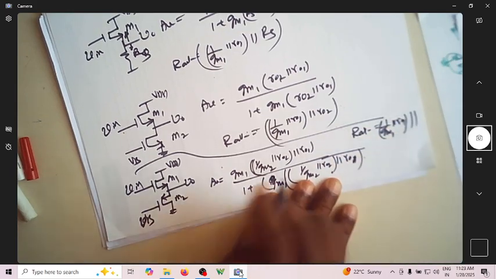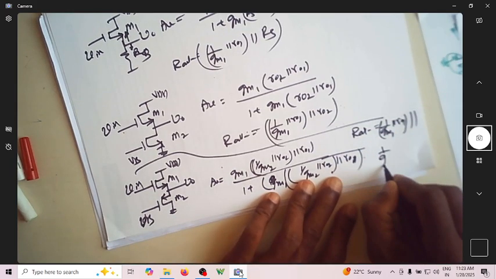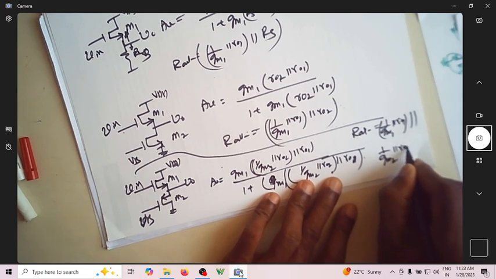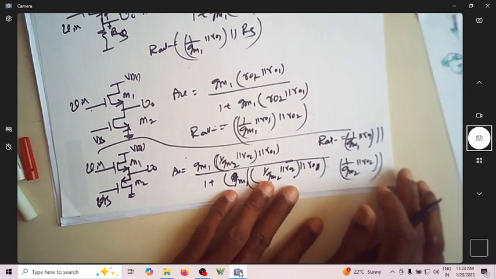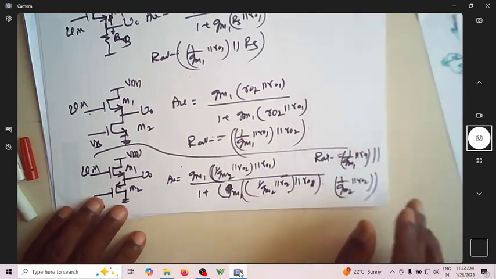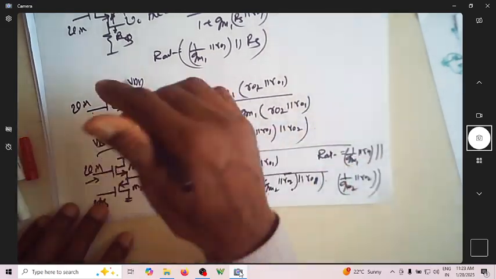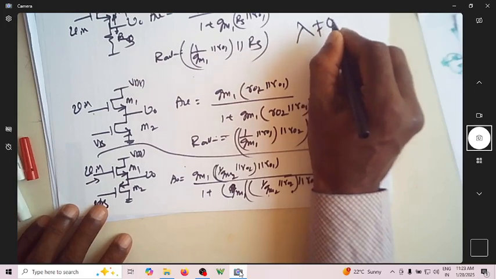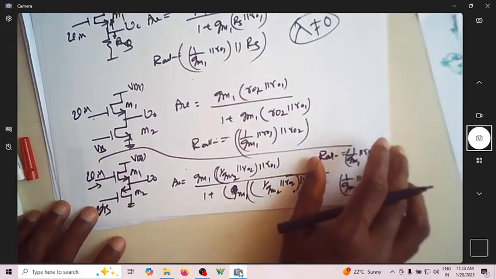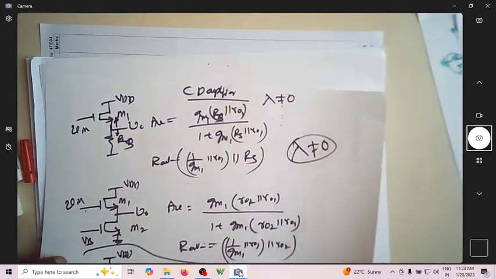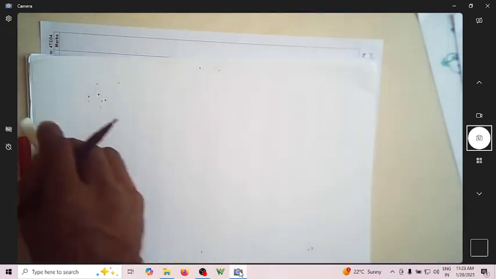That is again in parallel with 1 over GM2 in parallel with R02. So you'll have a very small resistance. So Rn is again, of course, you can treat it as infinite. So in all these cases, lambda is non-zero. You'll have some typical value. So these are all CD amplifiers. Of course, you can think of CG amplifier also.